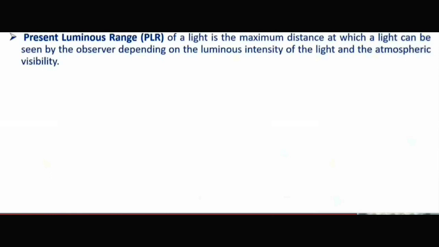Present luminous range of a light is the maximum distance at which a light can be seen by the observer, depending on the brightness or the luminous intensity of the light and the transparency of the intervening medium, which in this case is the atmospheric visibility.